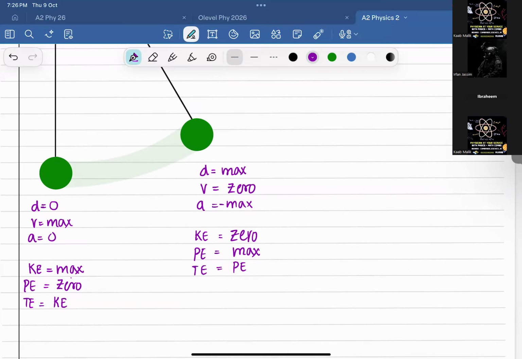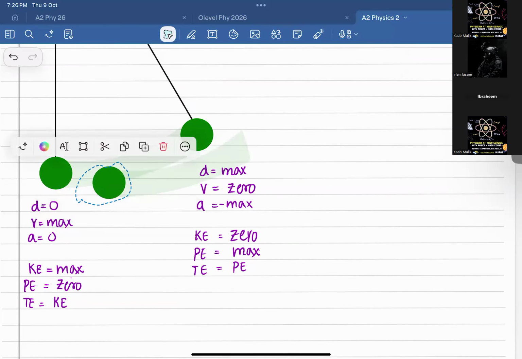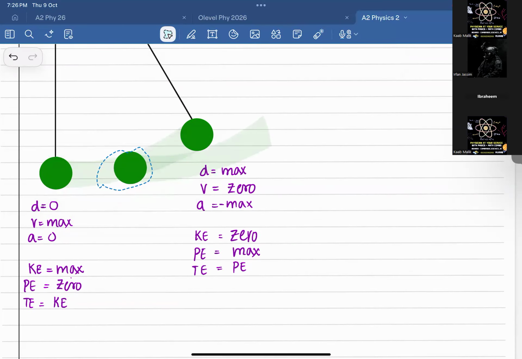Now, if we talk about a position in between the two extreme positions, let's say this position.